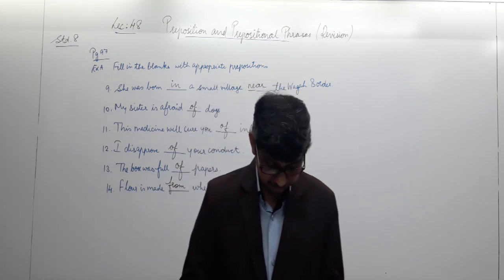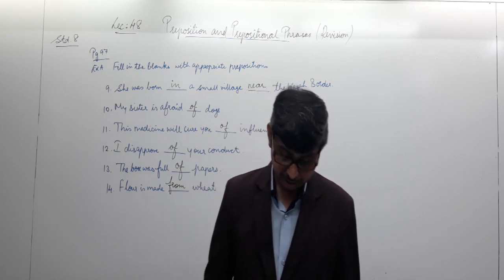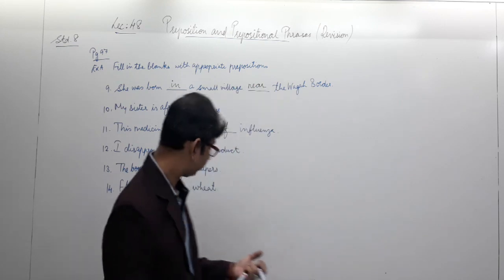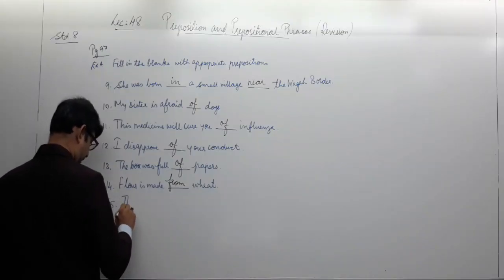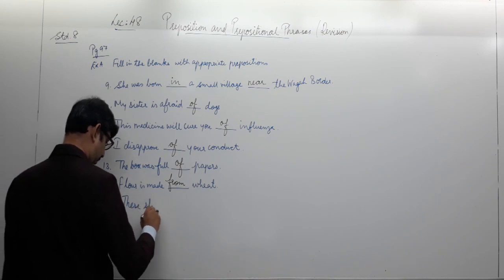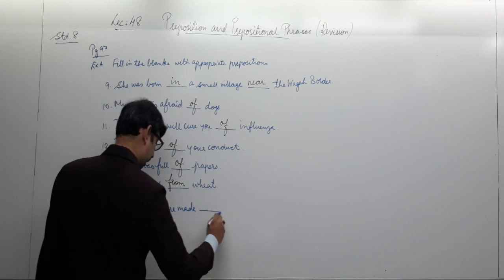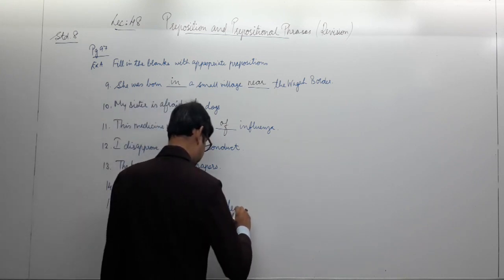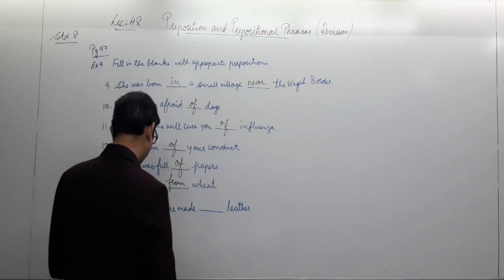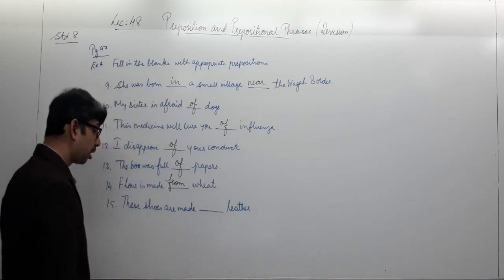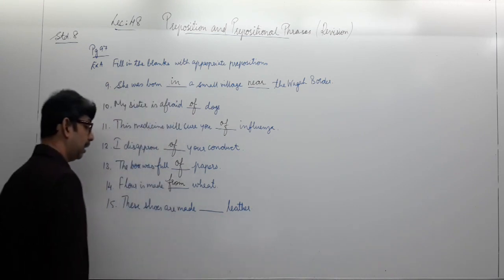The 15th sentence. These shoes are made dash leather. So we are talking about the manufacturing of shoes out of the material leather.